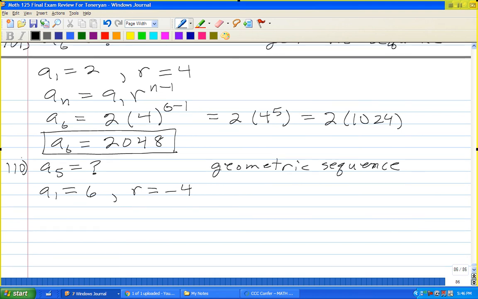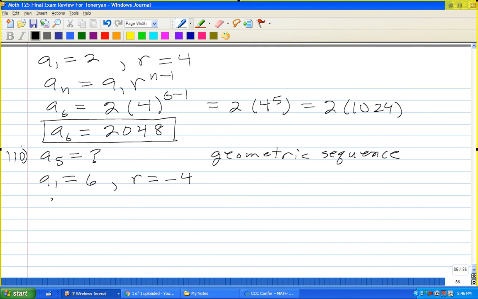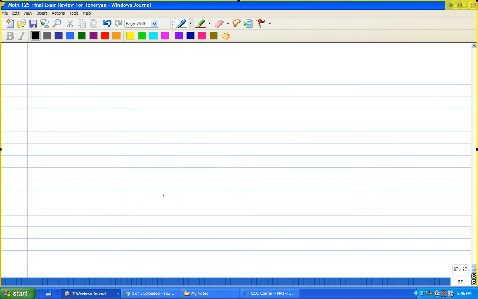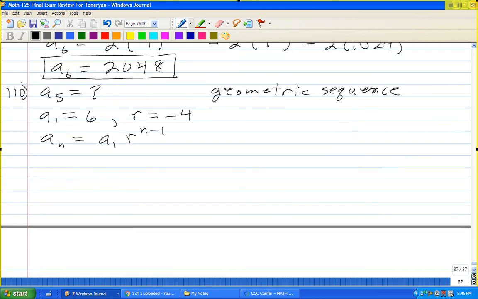Okay, well, I know that a sub n is equal to a sub 1 r to the n minus 1. That's the formula for the general term of a geometric sequence. And so, to find the fifth term, I have a sub 1, 6, times r, negative 4, to the power n, 5 minus 1.